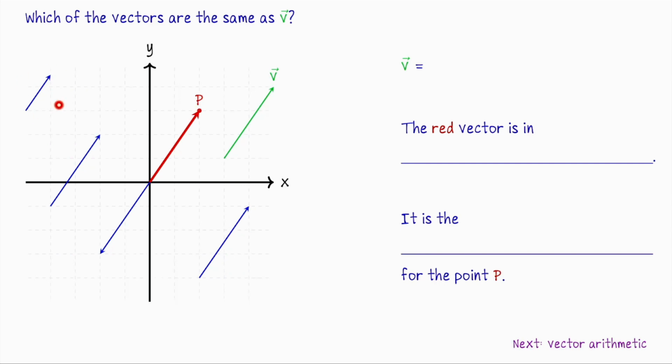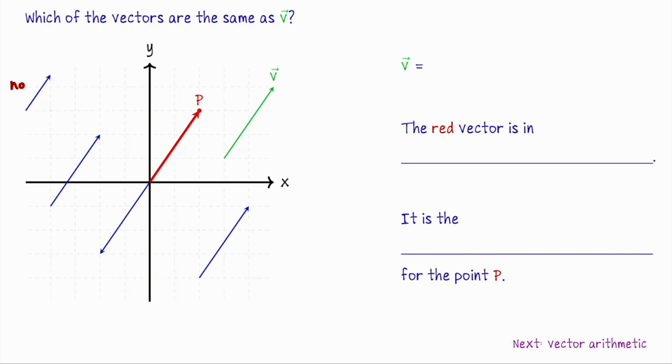Okay, so let's start here with the top left. This vector has the same direction as v, but it's half as long, so this is not the same vector. What about this vector here? Well, you can check. Let's see. This vector goes over 2, up 3. That's the same as v.